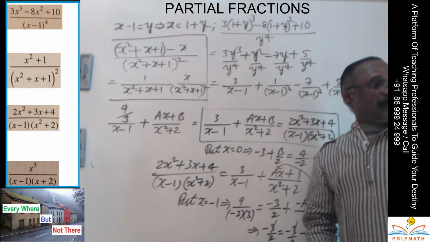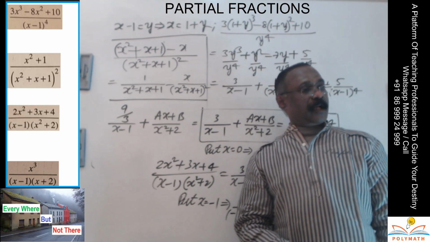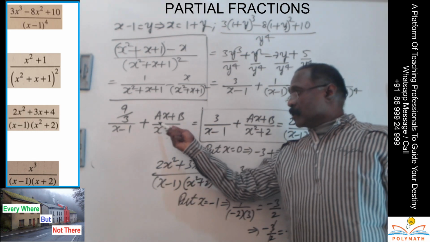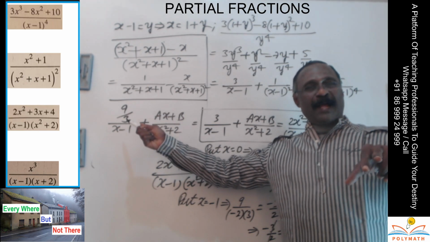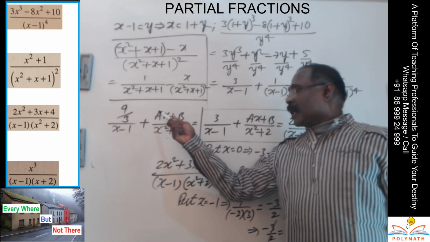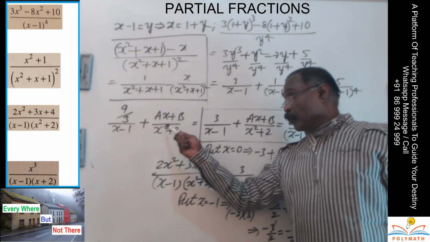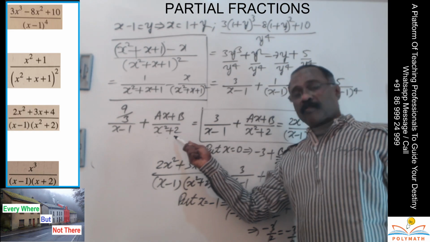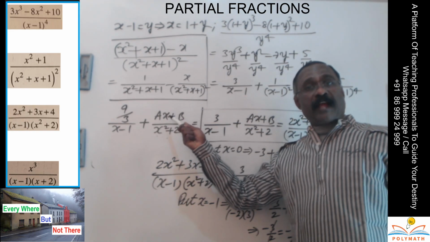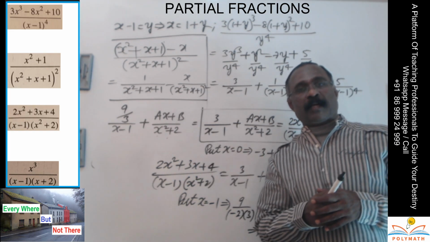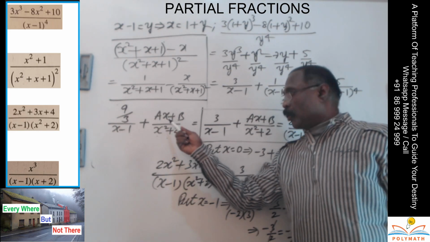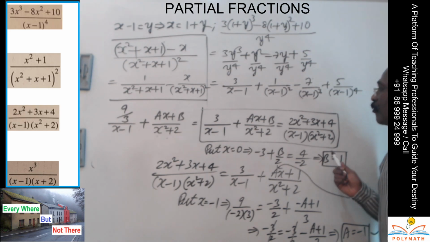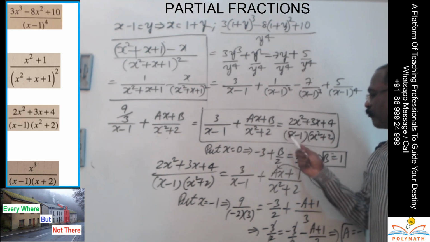This is what I did. In the third problem, the denominator contains a non-repeated linear factor and a quadratic like this. Then I put x equal to the root everywhere but not there, and I got the numerator. Because it is a quadratic, the numerator must be a linear factor, ax plus b by x square plus 2. I have to get the values of a and b without using this shortcut everywhere but not there. So that is why I put x equal to 0, and thereby I got b. After getting b, which is 1, I wrote it there.